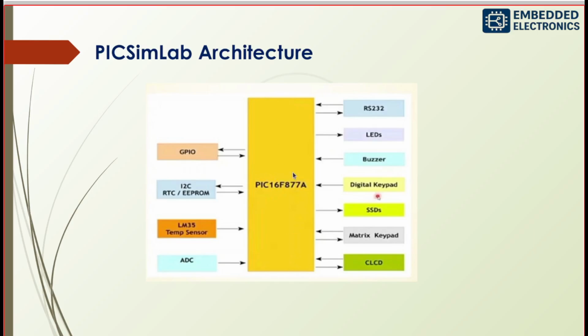So what are the inputs here? See the arrow marks going to the microcontroller: GPIO is an input, I2C is an input, then RTC or EEPROM is an input, then the LM35 temperature sensor is an input. Then ADC, buzzer, digital keypad and matrix keypad are all inputs.